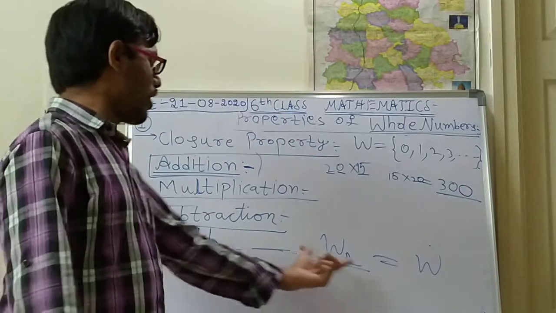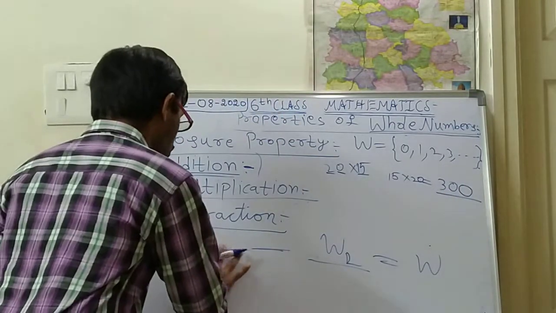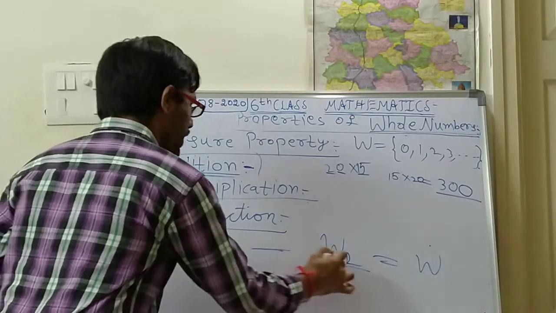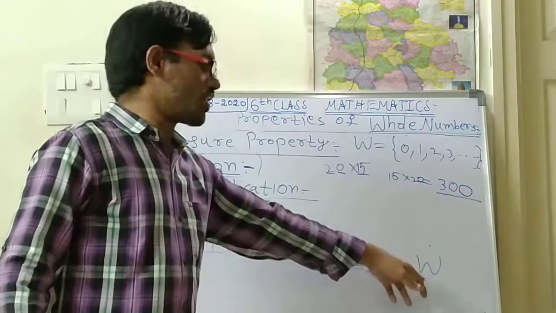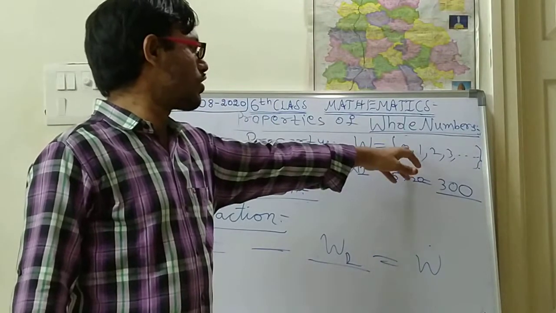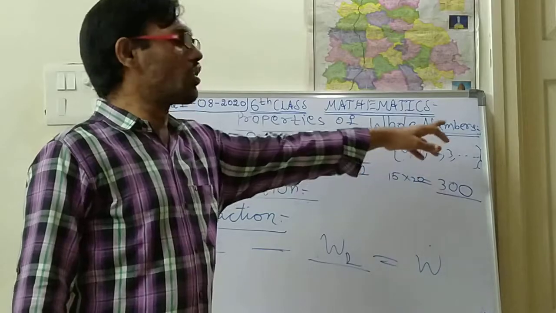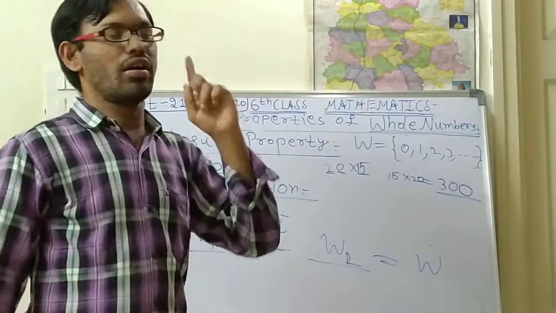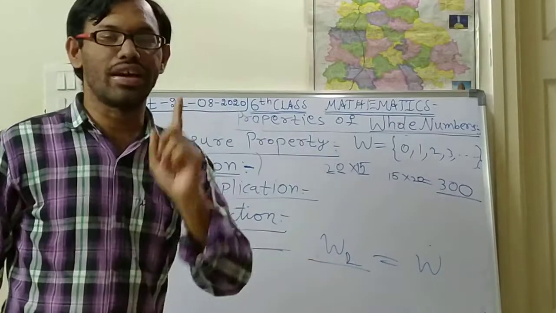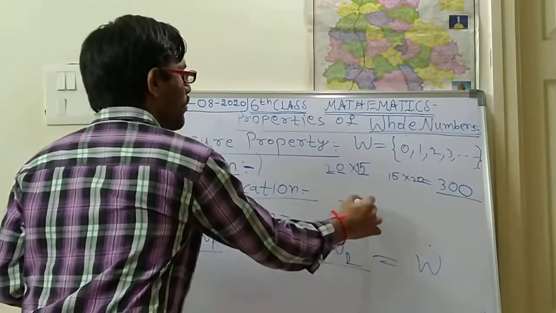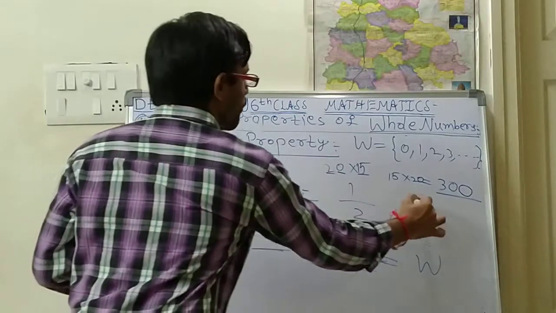So if we are subtracting any two whole numbers, the result also should be a whole number only. That means the result should be from 0 to last. Never should either negative numbers or fraction numbers come. Fraction means decimal numbers, like 1 by 2, so 0.5.